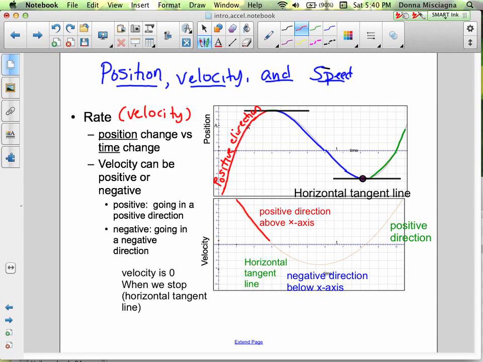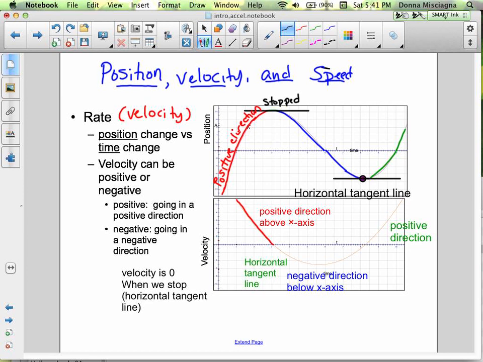So when velocity is above the x-axis, the particle, whatever, is moving in a positive direction. Notice here we have a horizontal tangent line. That indicates, let's just call it a particle for now, that the particle has stopped.